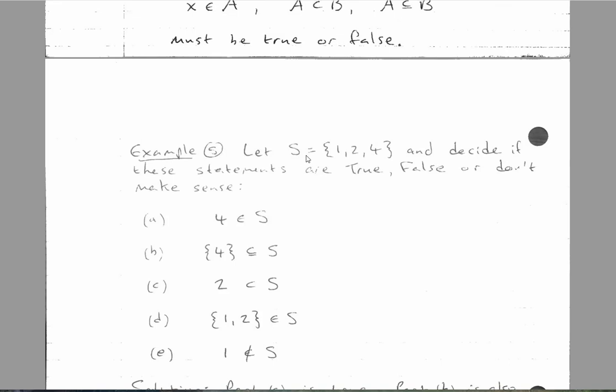All right, so let's see an example. Am I using this notation correctly? The same S. Decide if these statements are true, false, or don't make sense. Part A, 4 is an element of S. Well, that makes sense, and it's also true. 4 is in here, so this is true.